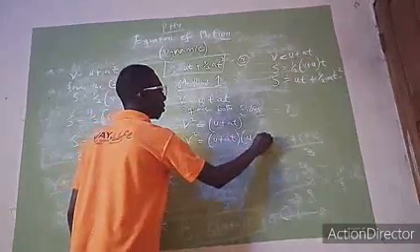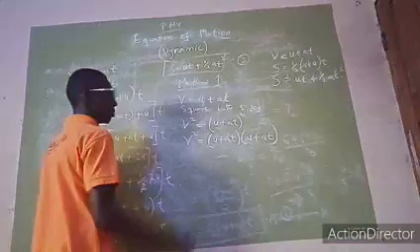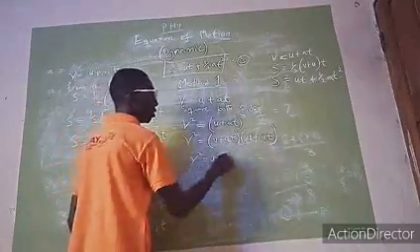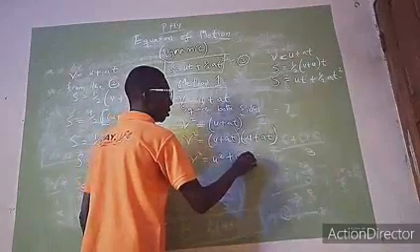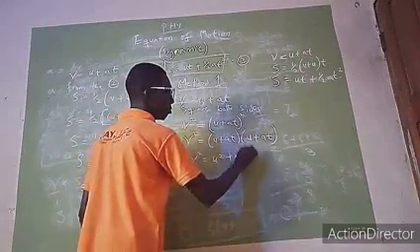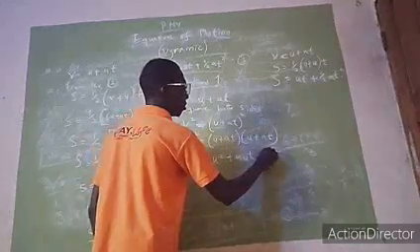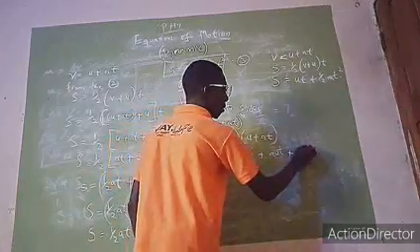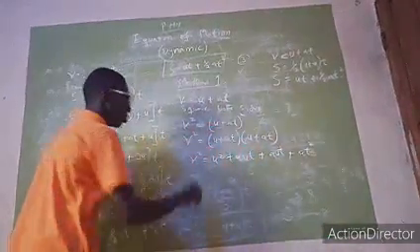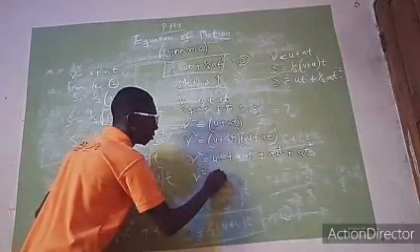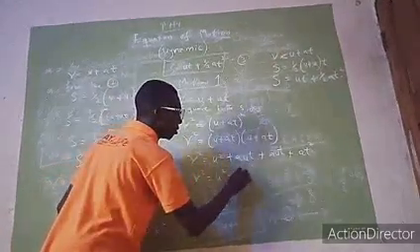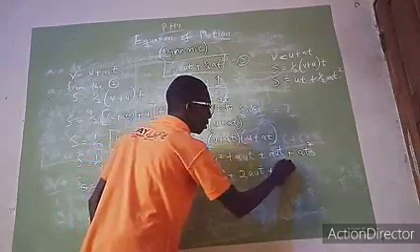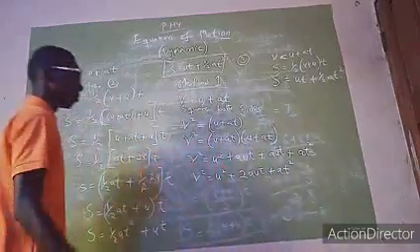So my V squared will be equal to U times U, U squared, plus U times at, plus at times U, plus at times at, which gives at squared. So I can now have my V squared equals U squared plus 2aUt plus a squared t squared.